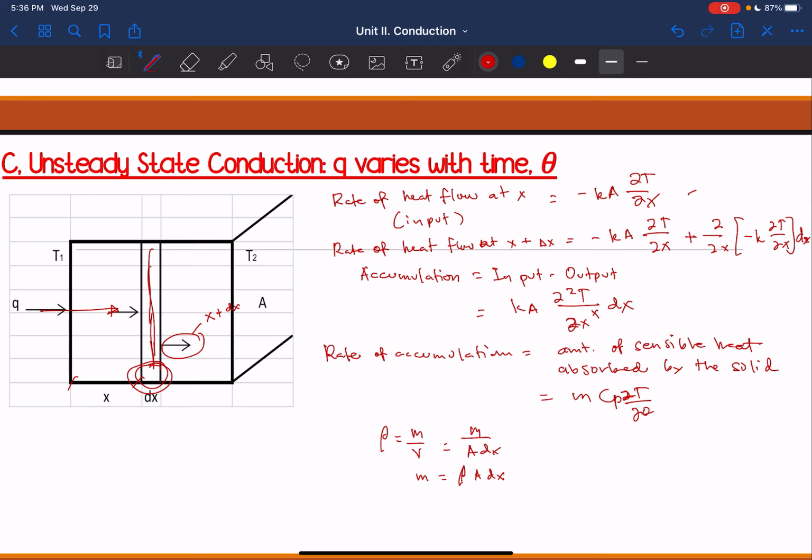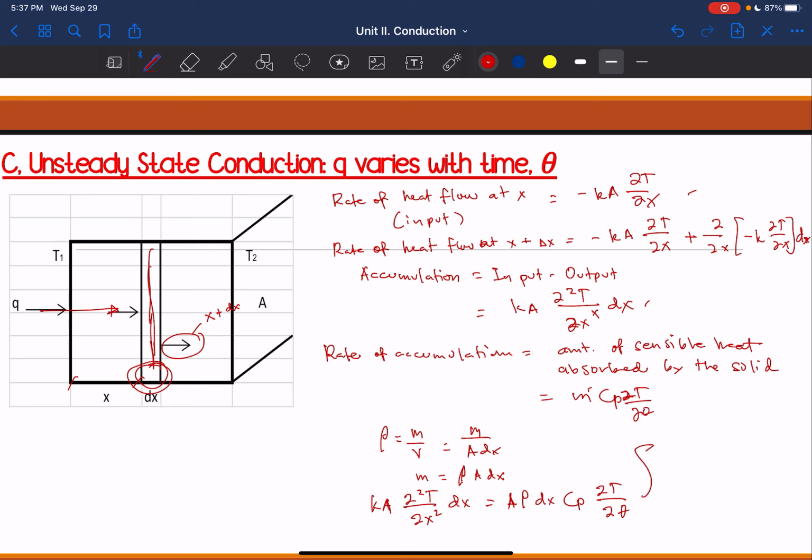So if I am to substitute this in this equation, Ka is equal to your yung first equation natin, ito, second partial derivative of T with respect to x dx is equal to A times density dx, so that's your M. It's Cp partial T partial theta.